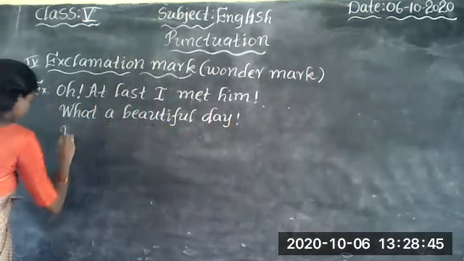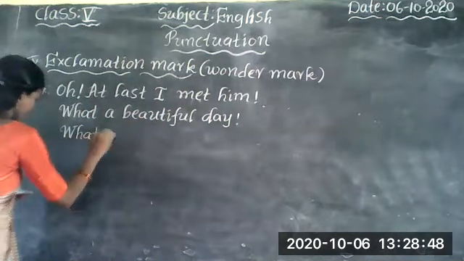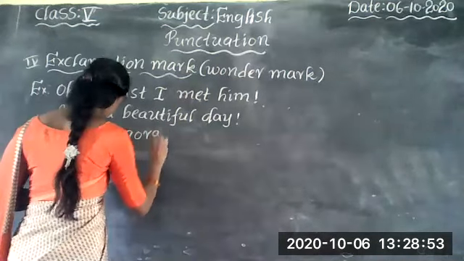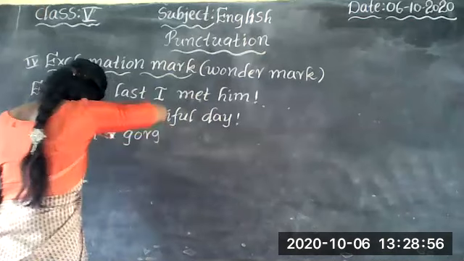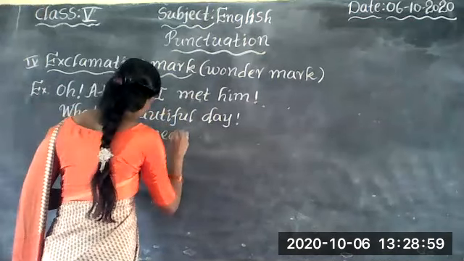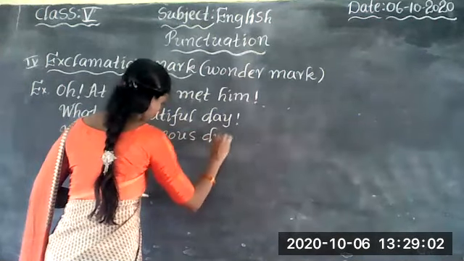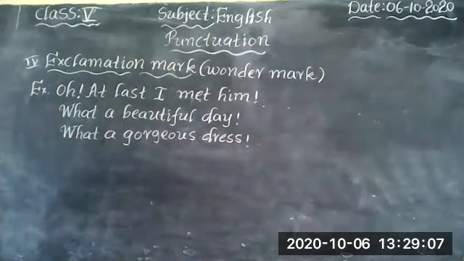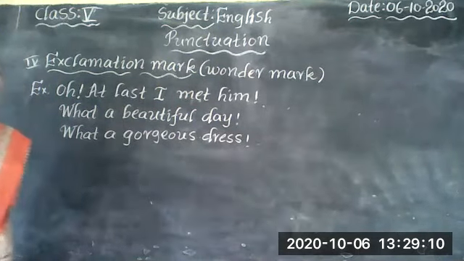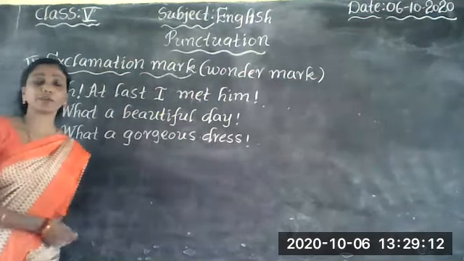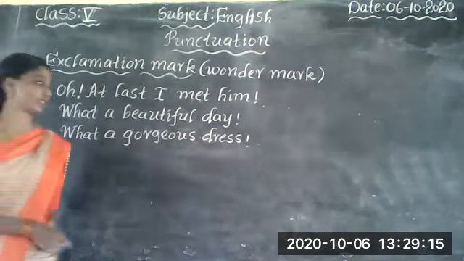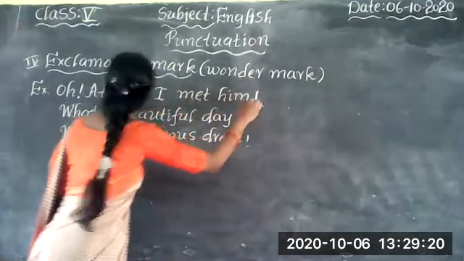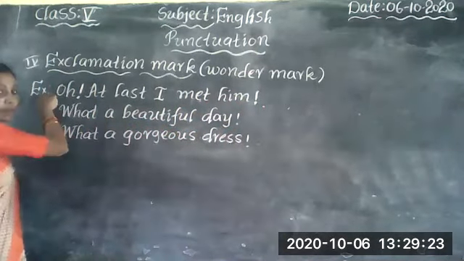What a gorgeous dress! Okay. Exclamation mark. So this is also one type of punctuation. So where do we use this exclamation mark? At the end of exclamatory sentences. For example, oh, at last I met him! This is an exclamatory sentence.